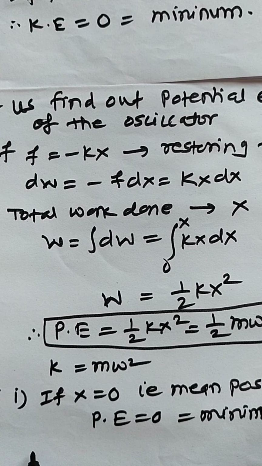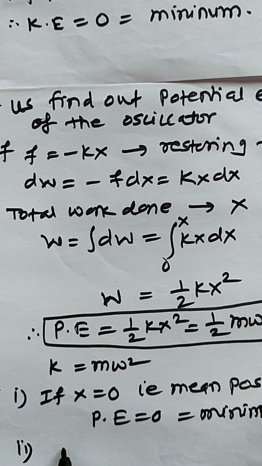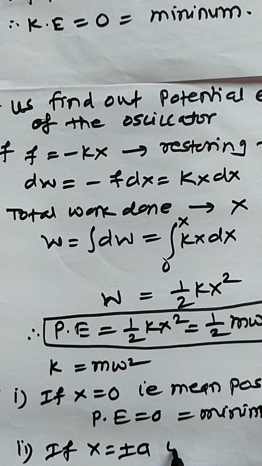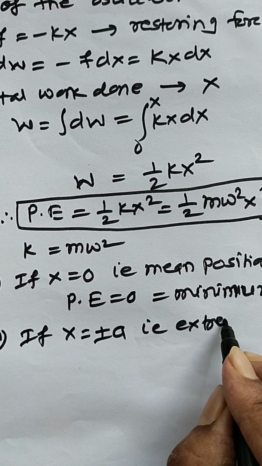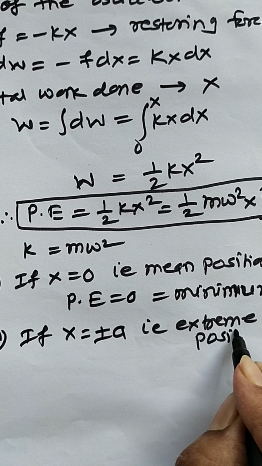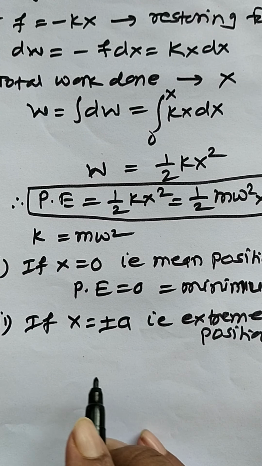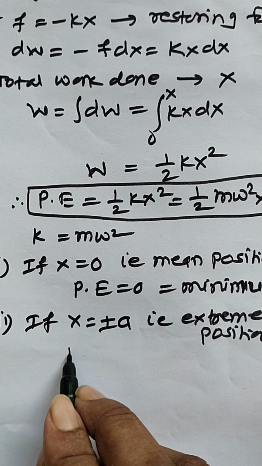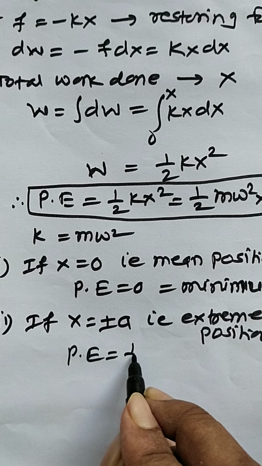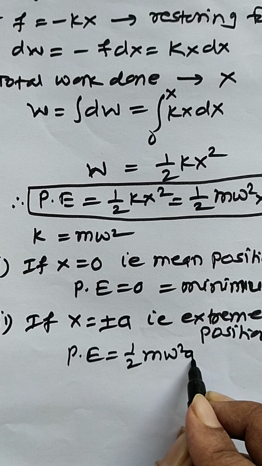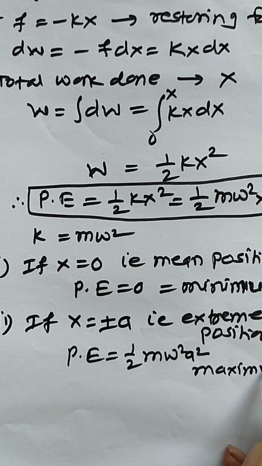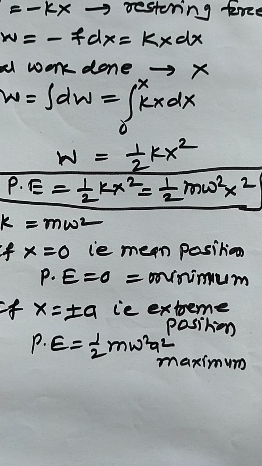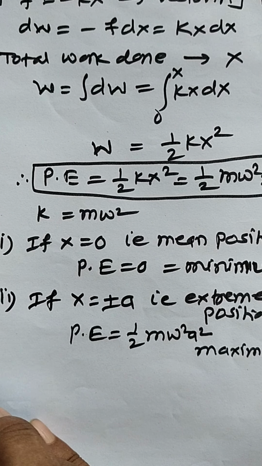The second case, if x is equal to plus or minus a, that is the extreme position, so therefore the potential energy is equal to 1/2 m omega square a square, and that is the maximum.